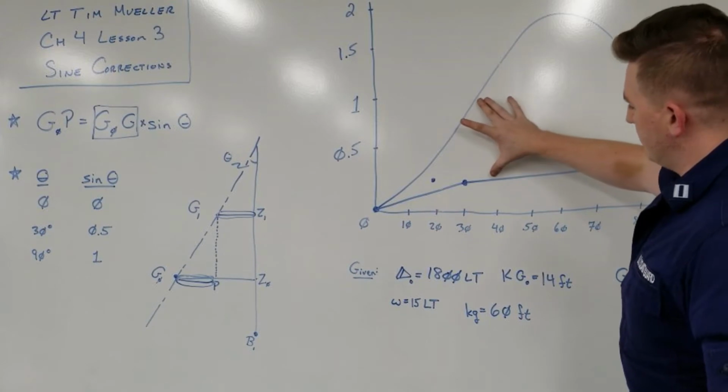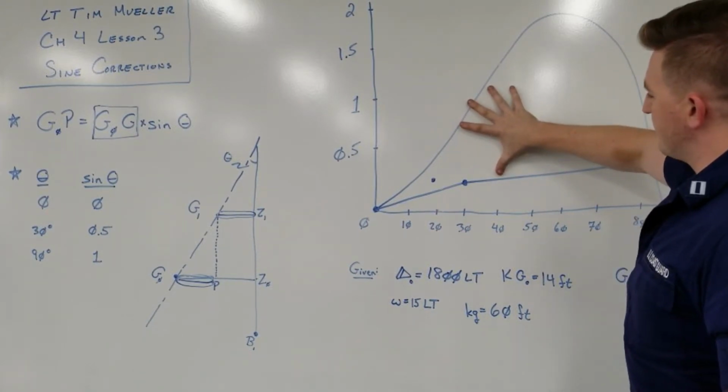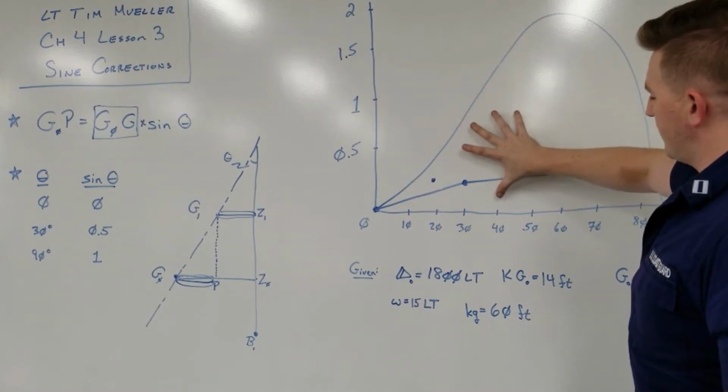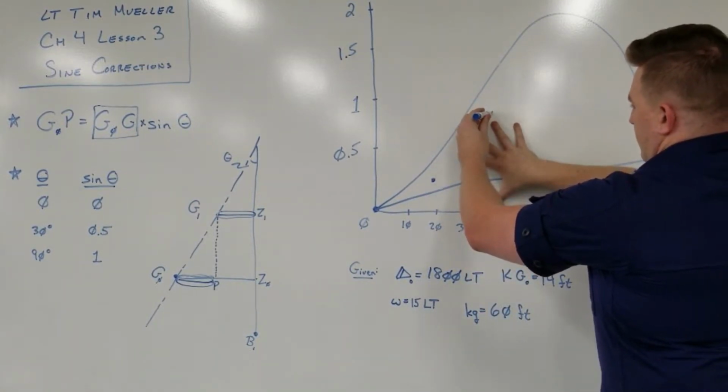Now, say here, I have this, say at 40, I now have this distance here. So I drop down, I'm going to get a point right around here.